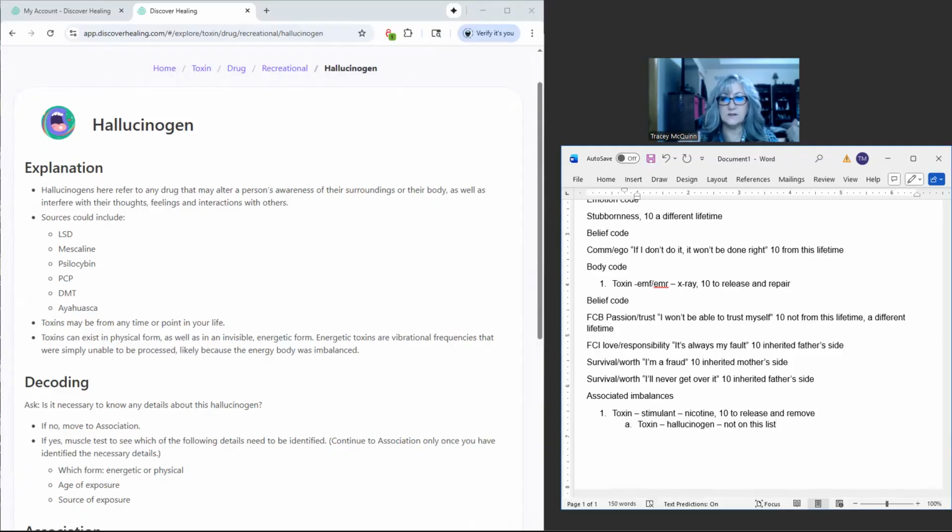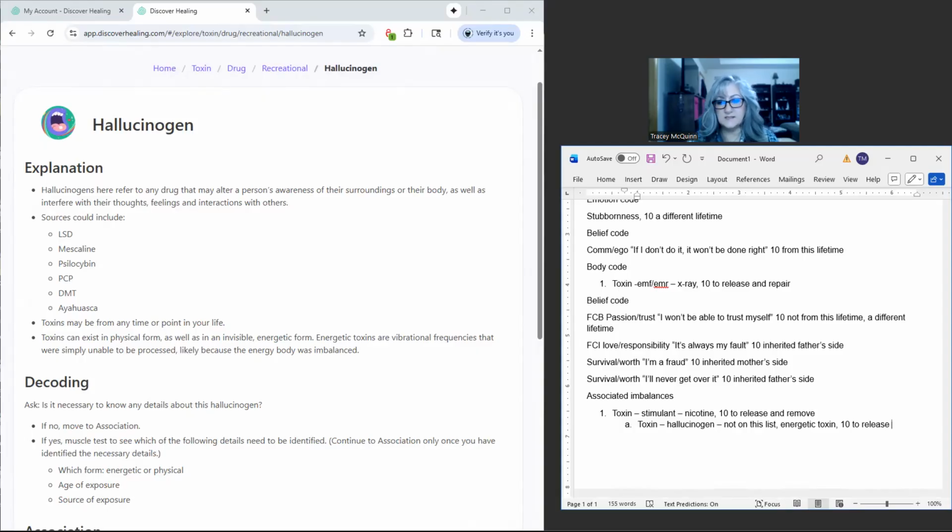He knows what it is, his subconscious at least. So anyway, is this an energetic toxin? It is. Okay. So this is energetic only, not a physical toxin. Okay. Is it 3 to release, 10 to release? Okay. 10 to release. And I don't need to put and remove because it's not a physical toxin. I'm just releasing the energy of this at this point.